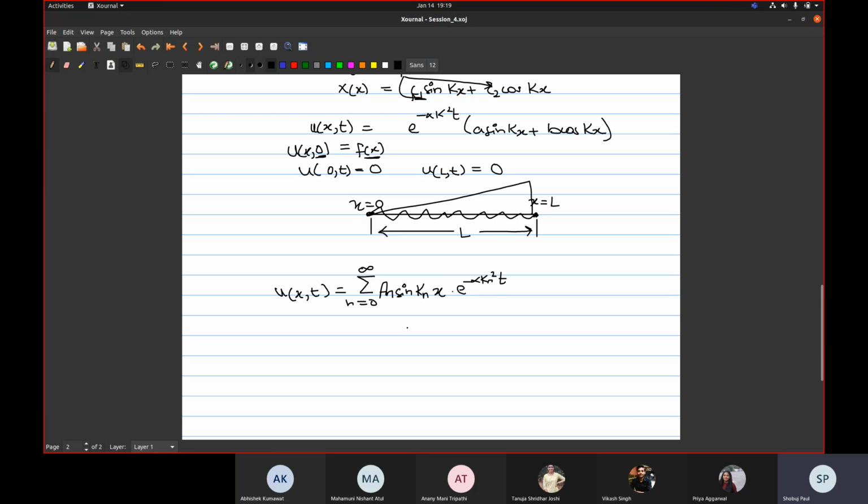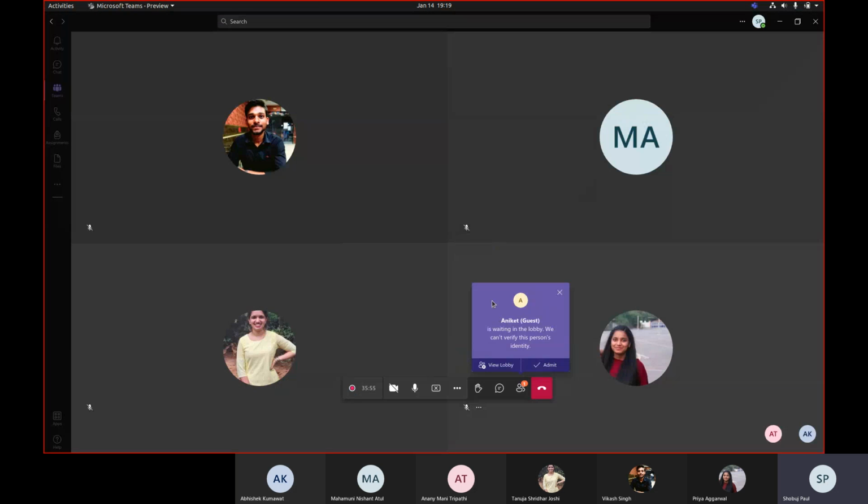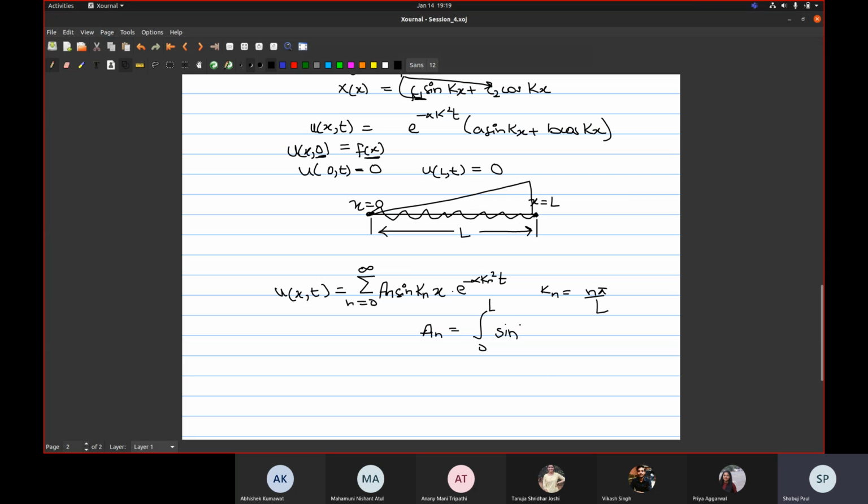You can find your k n as something like n pi over L, and you find your a n as some integral of this form, f of x sine of k n x dx.